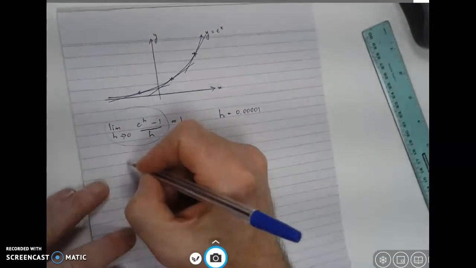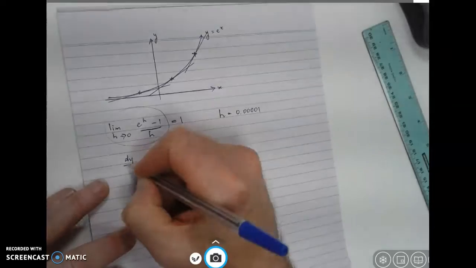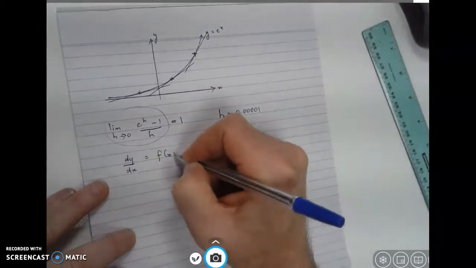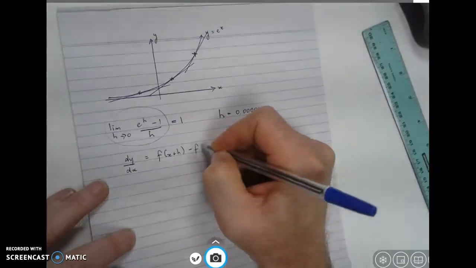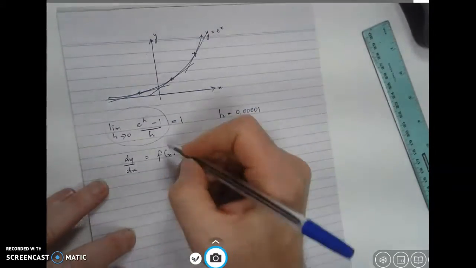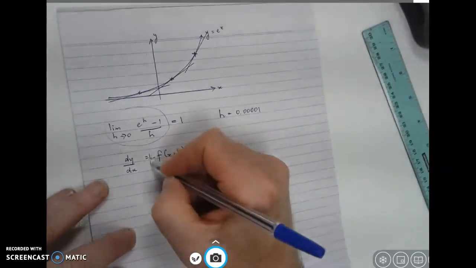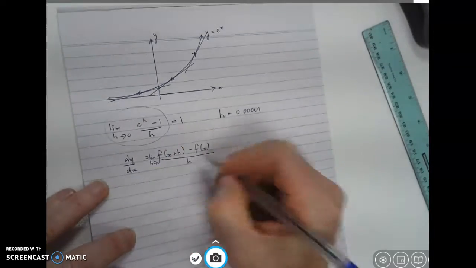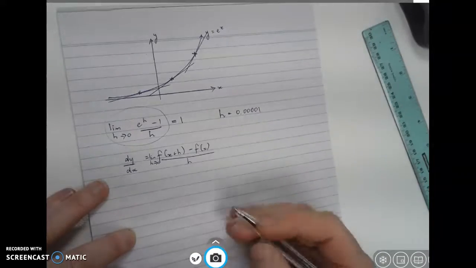Now the second you will have seen before, and that is derivatives by first principles. Hopefully this will be one of the last times you actually see this, but you might recall that if we take the limit as h approaches 0 of our function, we can find the derivative of it.